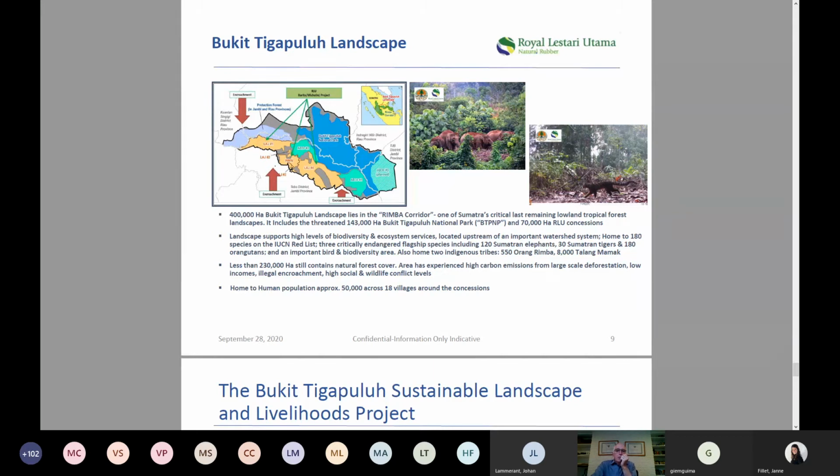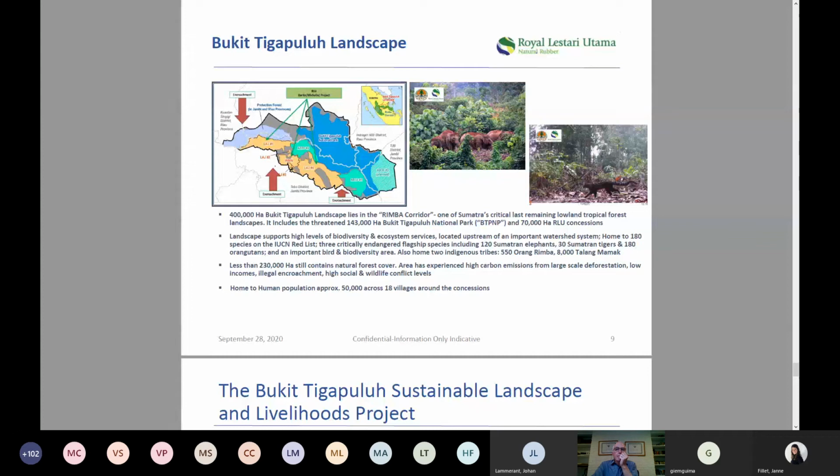The Bukit Tigapulu landscape is an area of about 150,000 hectares in the middle of Sumatra, which is a combination of a plantation for sustainable rubber, a protected area, and areas for restoration. There are lots of interesting aspects of the socioeconomic context with local areas of hunting.